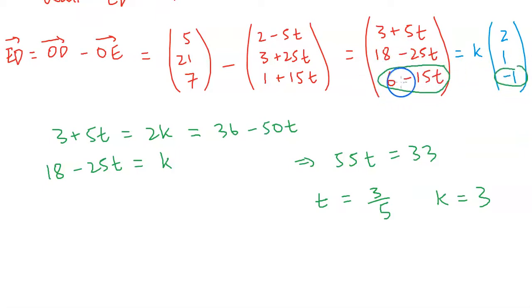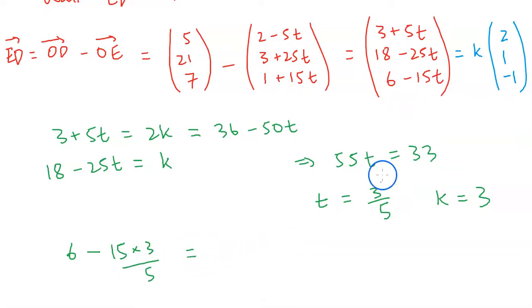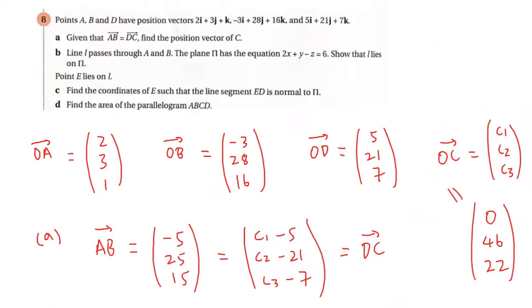So in other words, we would need 6 minus 15t equals negative k. So 6 minus 15 times 3 divided by 5 equals, so that would be negative 3, which does indeed equal negative k. So we're good.